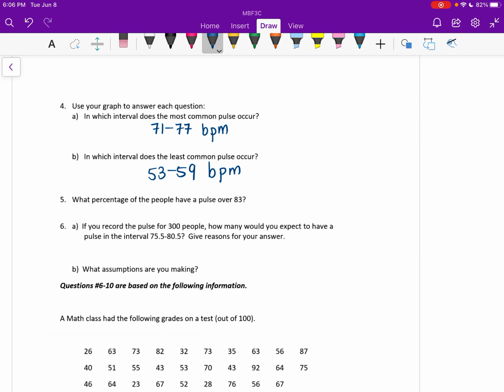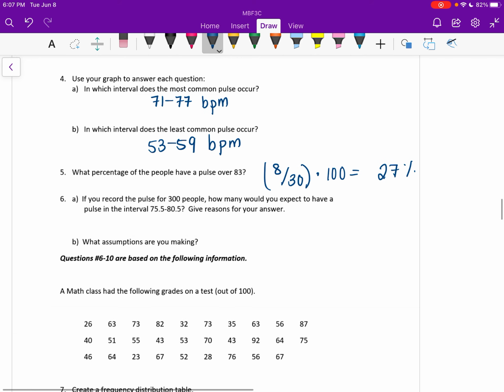So that means that 8 people have a rate higher than that. And you want to find out what percentage. So 8 out of 30 people have a pulse rate higher than 83. So if I want to find percentage, I just need to do numerator over denominator times 100, which is going to give us 27%. So I can say 27% of my people have a pulse higher than 83.